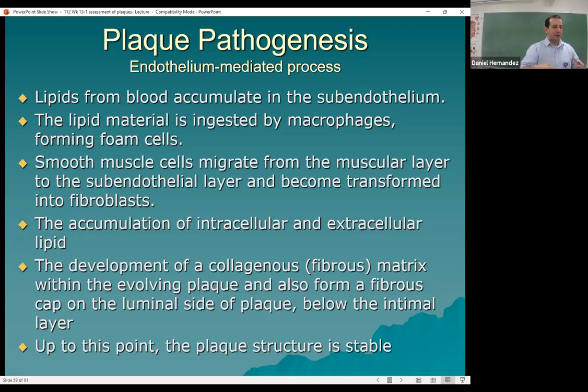It starts to grow and grow, and then eventually you can wind up with degradation and breakdown of that fatty streak. At this point the plaque starts to become unstable, so you get blood flow feeding into those areas where it starts to become necrotic.